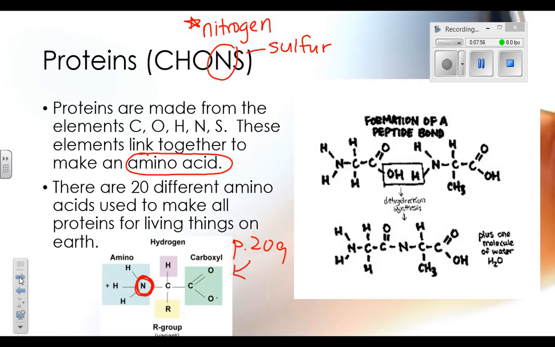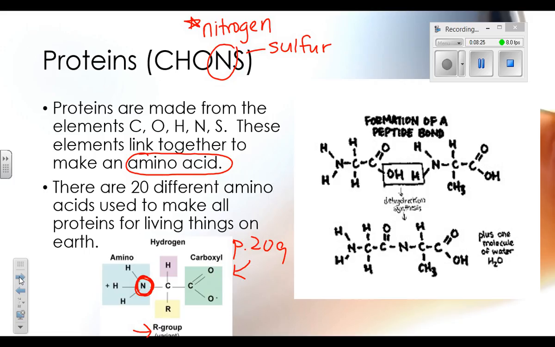On this picture, you'll see at the bottom there's just the letter R, which isn't actually an element. That piece on the bottom is the R group. That's the variant. That's the part that's different on each amino acid. And for the purpose of our course, I'm not usually going to draw a specific amino acid. I'm just going to leave the R most of the time to say this could be any amino acid because we don't necessarily care which one it is.